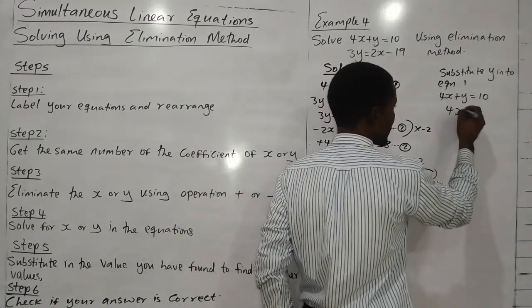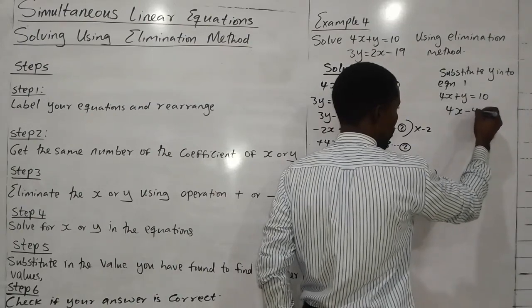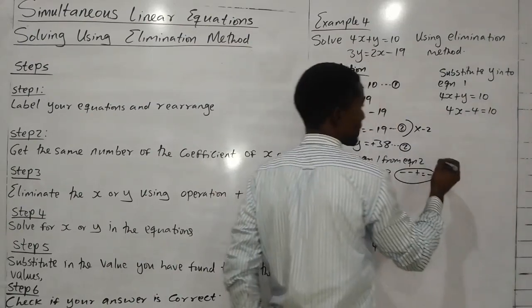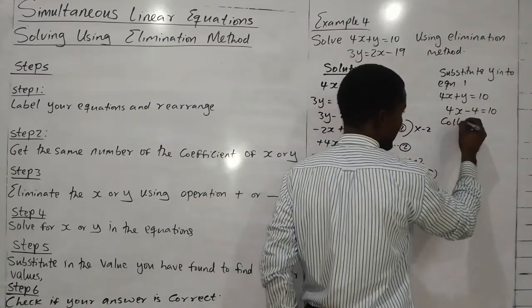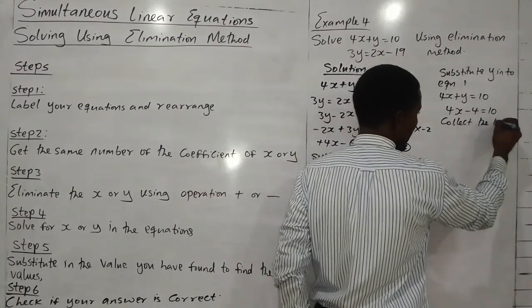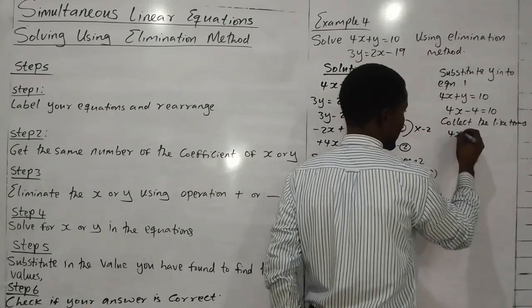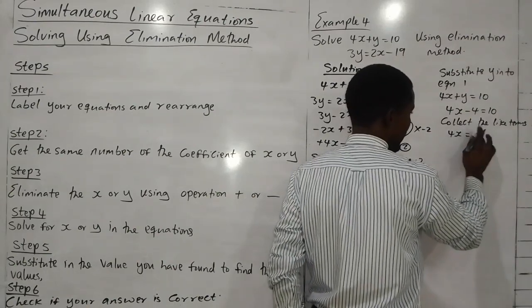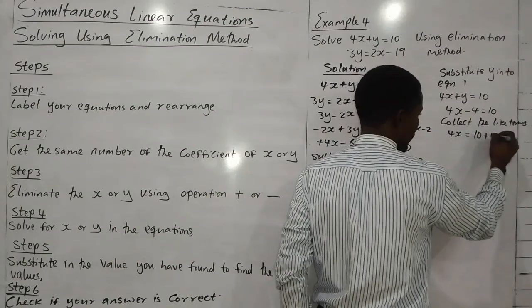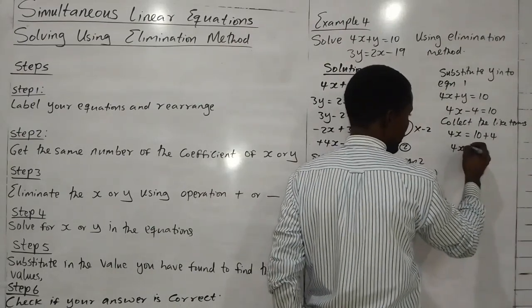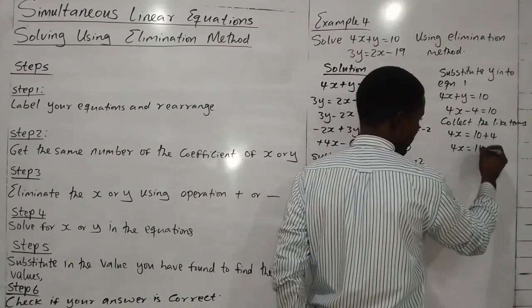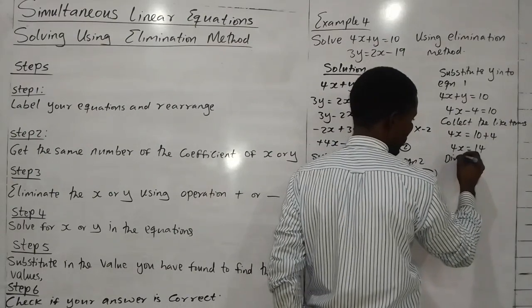So I have 4x minus 4 equals 10. Collect the like terms: 4x equals 10 plus 4. 4x equals 14. Divide both sides by 4.